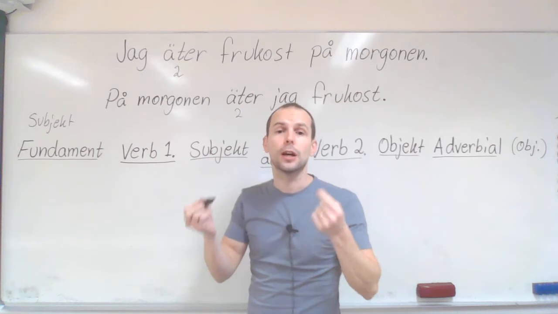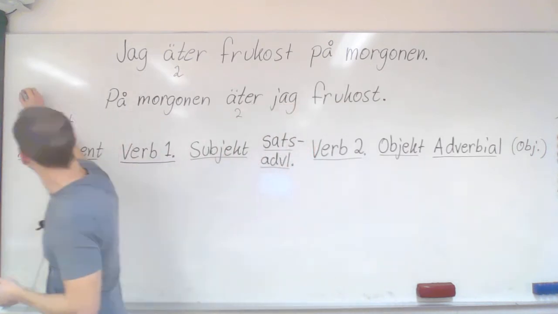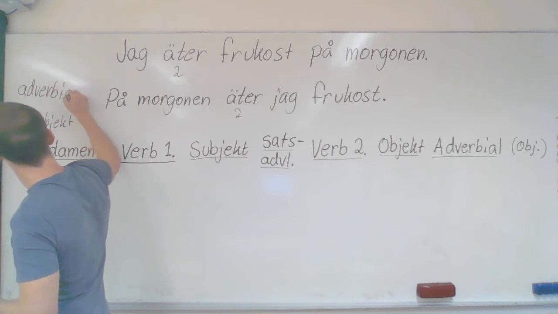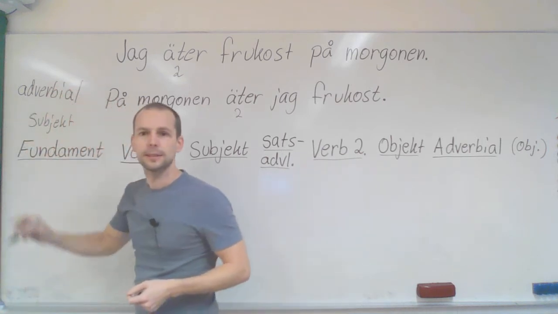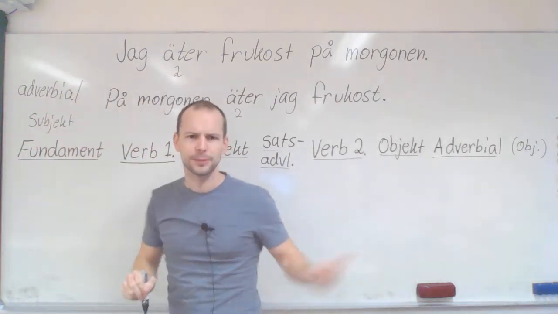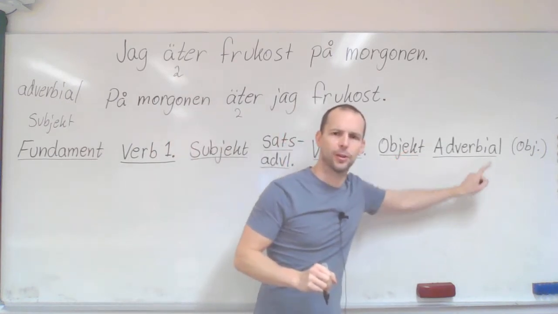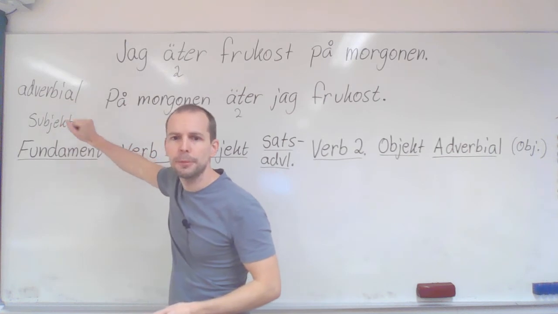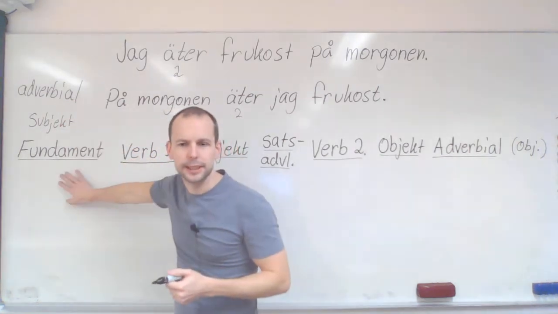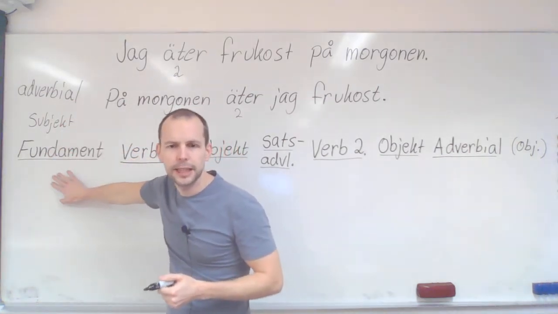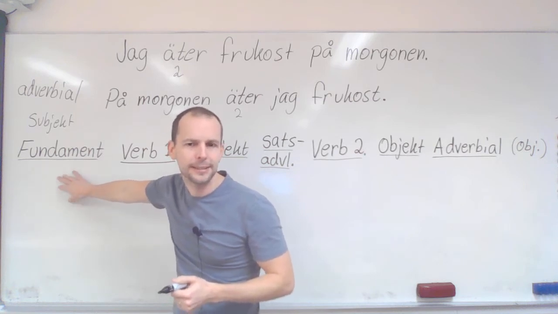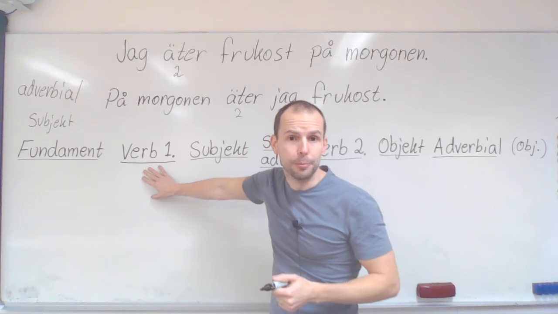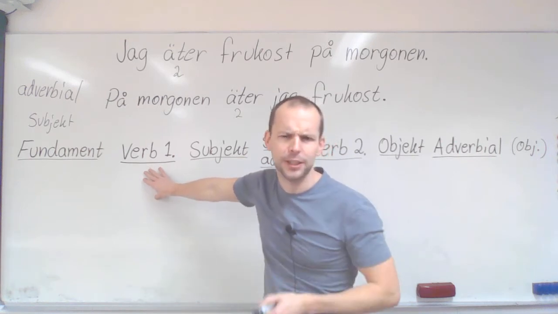And those words are called adverbial. You can see the same here, adverbial. So, these two are the most common words to start a sentence. Subject, time, place. But after that we have verb in Swedish.